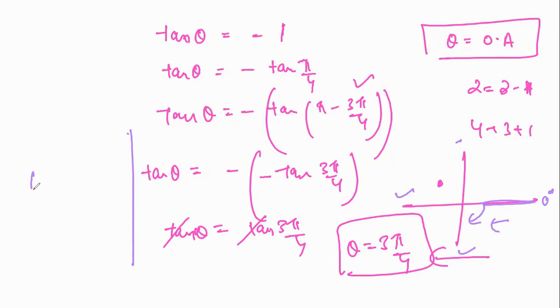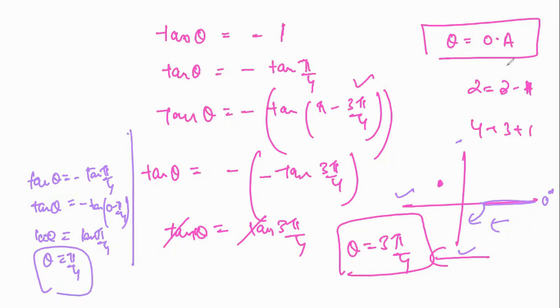Second, if I write tan pi by 4, it would be 0 minus something, so 0 minus pi by 4, which is negative pi by 4. The negative would cancel out, and tan cancels out, so theta is pi by 4. But you know that theta is an obtuse angle, so that's why I've chosen this value, 3 pi by 4.